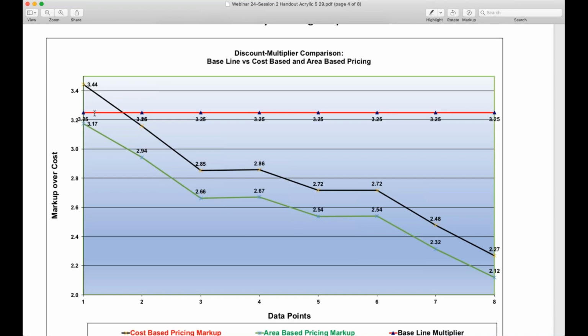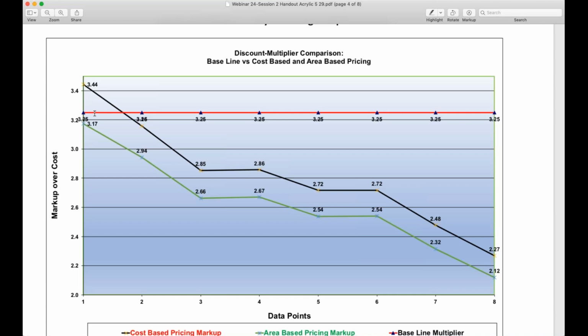The purpose of these two graphs, without discounting and with discounting, is so that you can get a visual image of the effect on the multipliers, the effect on the per each pricing, and gross margin.